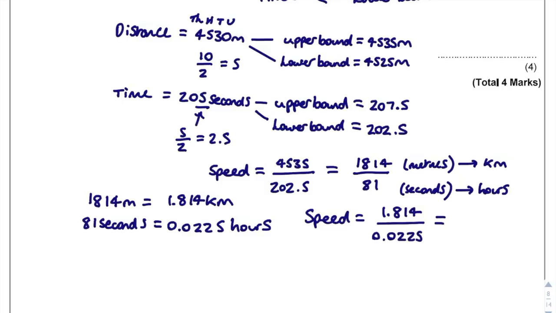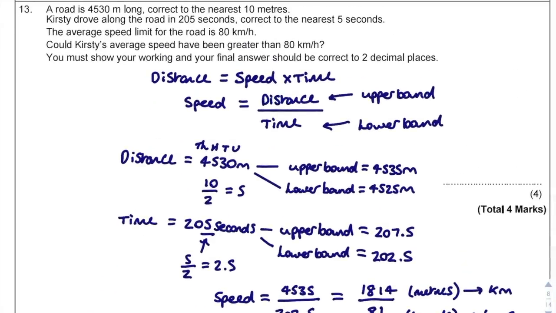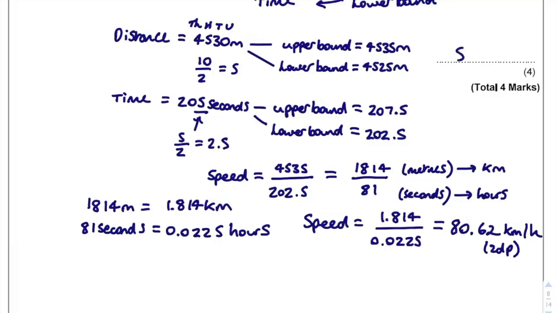Now we get a value of 80.62 to 2 decimal places, which is what the question asks for, and that's kilometres per hour. So is 80.62 greater than 80 kilometres per hour? Yes, it is. So that's our final answer, but we need to write a short statement saying that her average speed can be greater than 80 kilometres per hour.